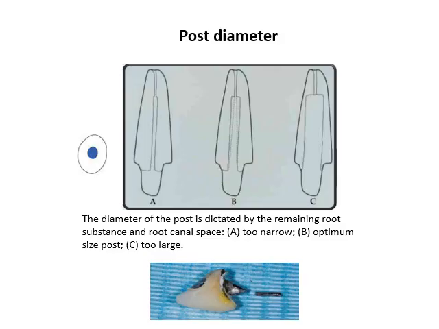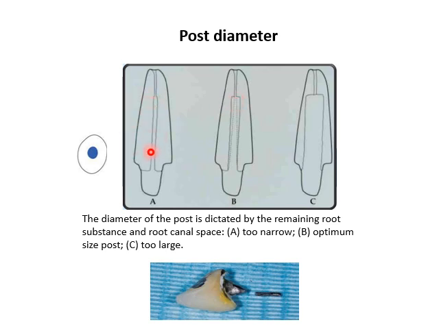The post diameter always depends on the thickness of the root canal wall and the root canal space. It should not exceed 1/3 of the root width at its narrowest dimension, in order to resist root fracture.